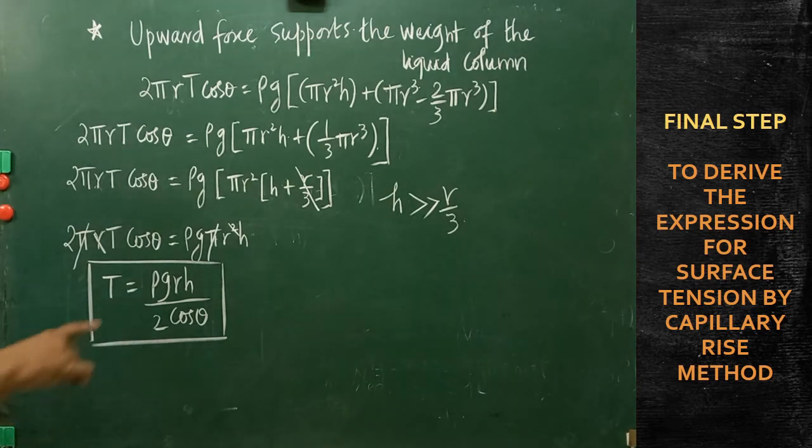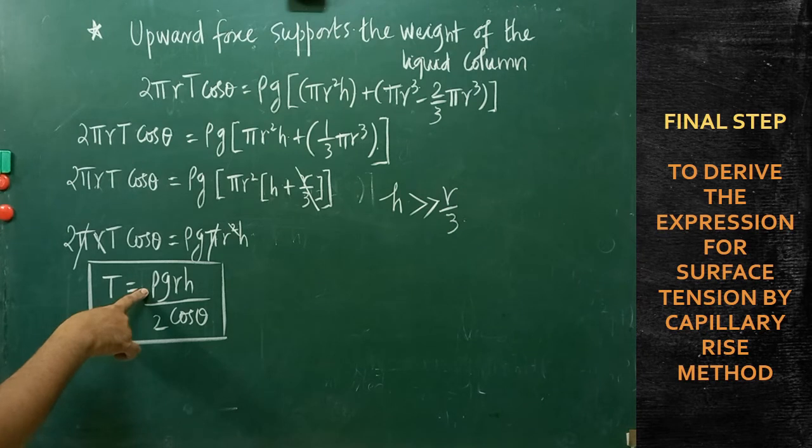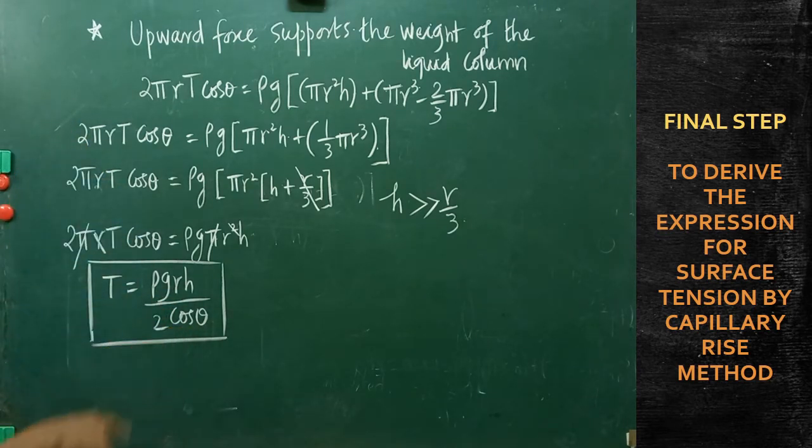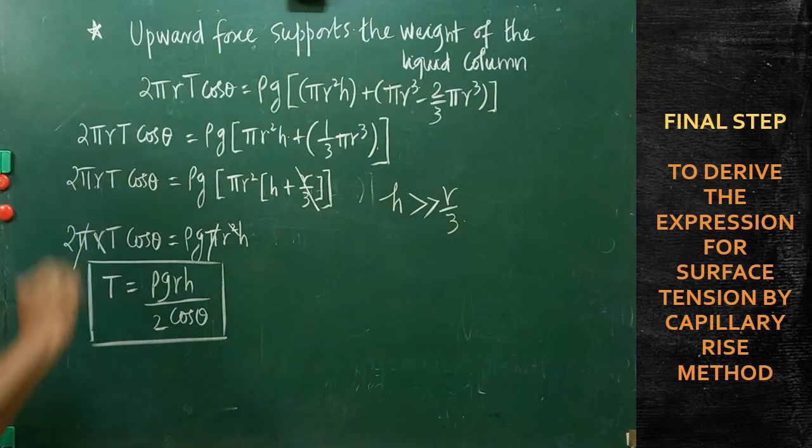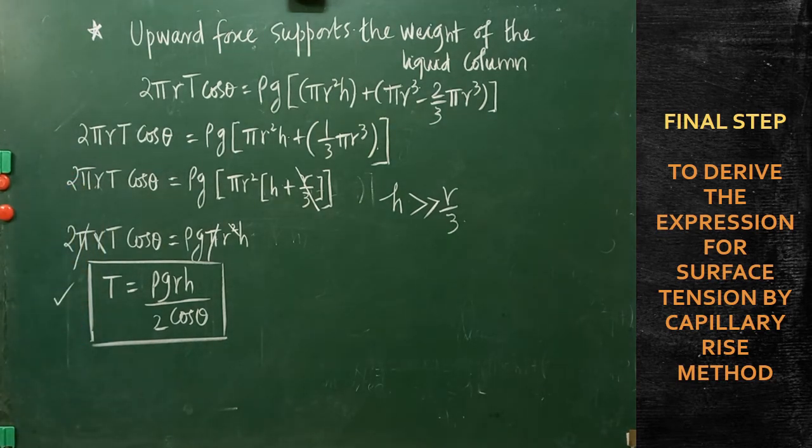By knowing the density of the liquid, the acceleration due to gravity, the radius of the capillary tube, and h, the height of the water column, and by knowing the angle of contact, the surface tension of the liquid can be calculated. Are you clear? So this is a very important formula.